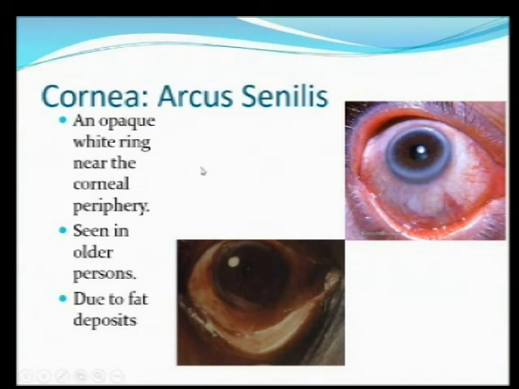It's basically fat deposits in there, typically seen in older patients, known as arcus senilis. Occasionally you may see it in a younger person, where it's known as juvenile arcus. And in somebody like that, they may want to get their cholesterol levels checked.